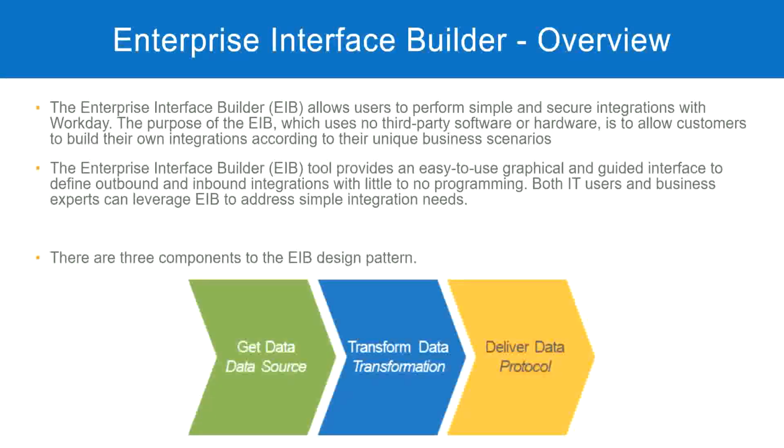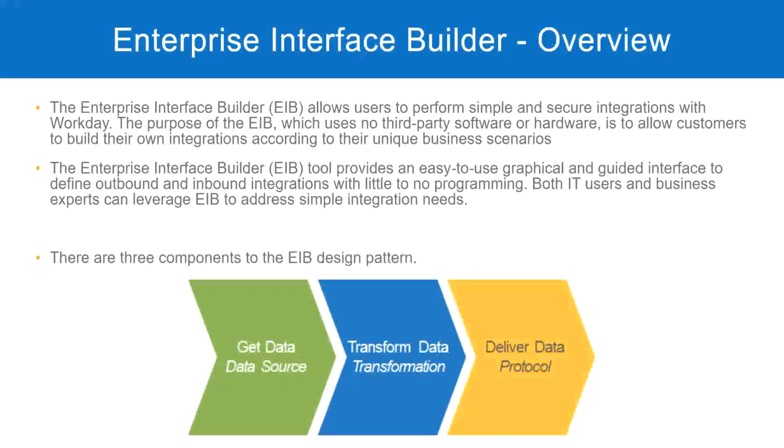Okay. When we create an integration using EIB, we will see these 3 steps there as well. Get data, transform data, deliver data. Okay. These are the 3 components in an EIB design pattern. So what we are going to do is configure these 3 steps. Get data: where are we going to get the data from?